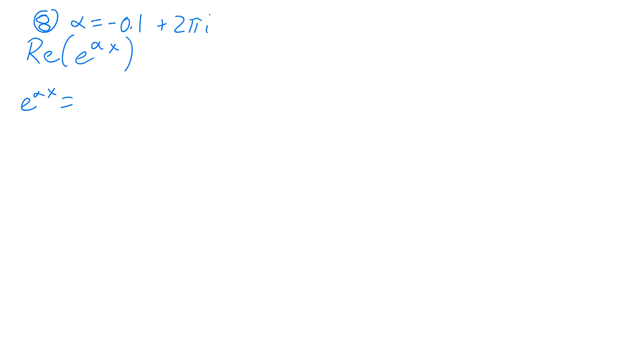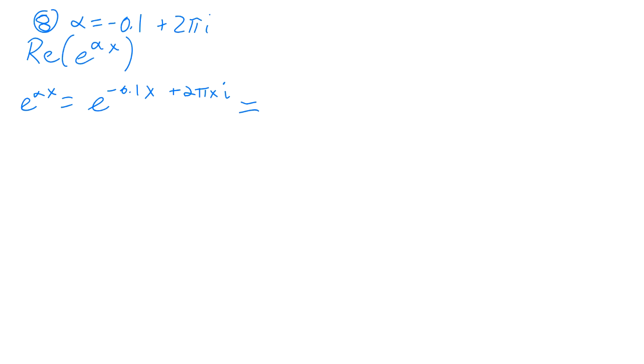E to the minus 0.1, let's multiply it all the way out, x, so plus 2 pi x, and I'll put the i right there. It was 2 pi i times x. At this point, well, okay, this looks kind of ugly, but we've got two different things.